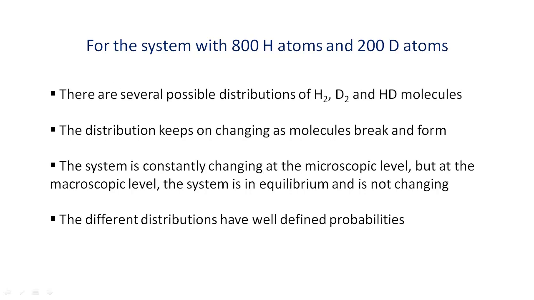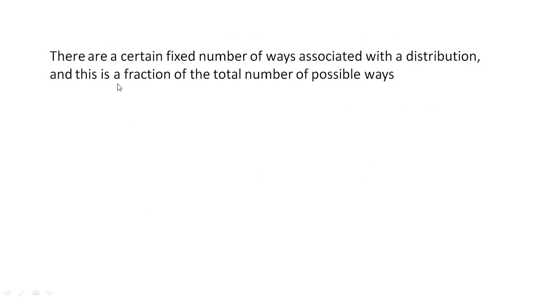We already know that there are a certain fixed number of ways associated with a distribution, and this is a fraction of the total number of possible ways. Moreover, we know that the entropy of a system is equal to the Boltzmann constant times the natural log of the total number of ways.